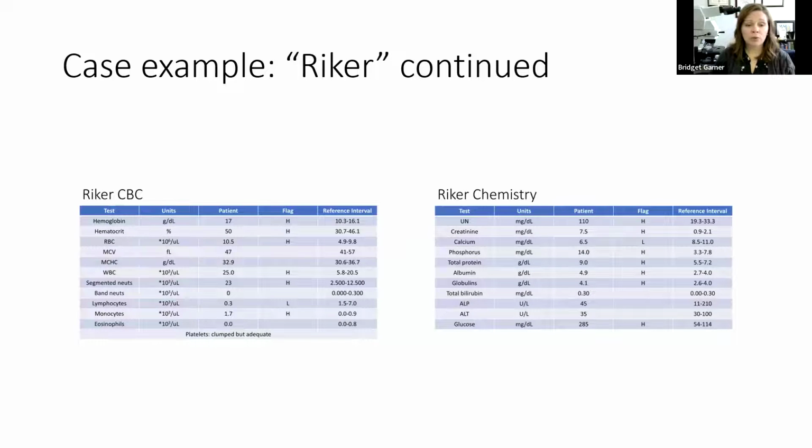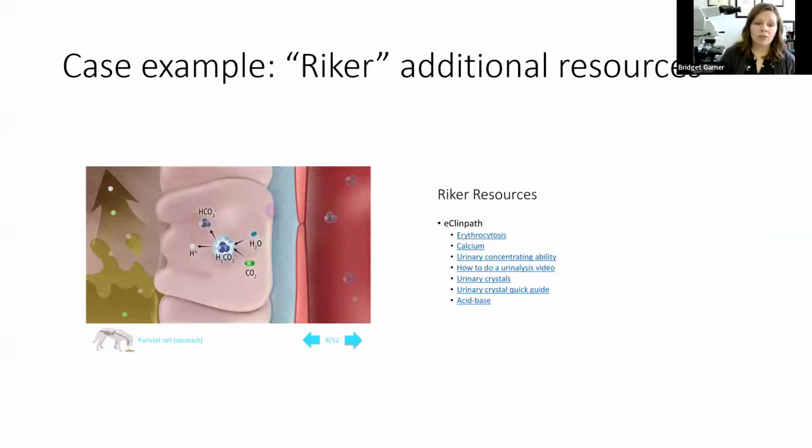Students then work through a series of laboratory data from a complete blood count and a chemistry panel. And because in Riker's case, vomiting was involved and GI abnormalities often will lead to very complex changes in some of these data, the students were then able to work through a series of animations that help them understand why those particular changes are happening in a case of vomiting.